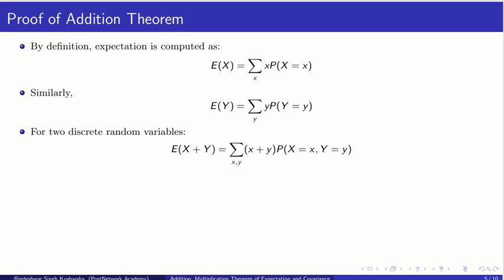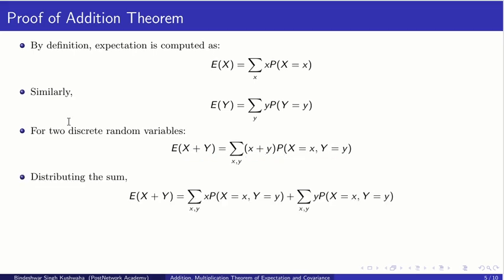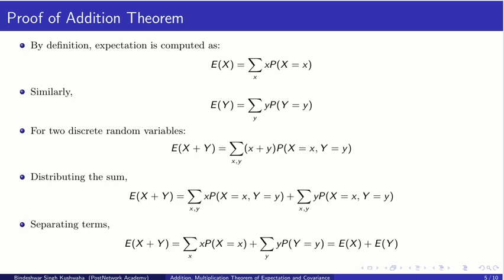Now just write the expected value of x plus y, that is x plus y times the joint distribution. And see that here we are just distributing the sum, and thereafter, here basically how this has come.